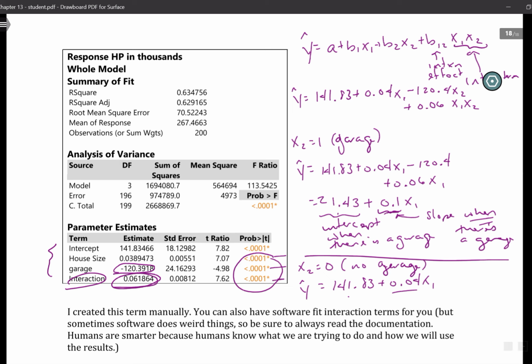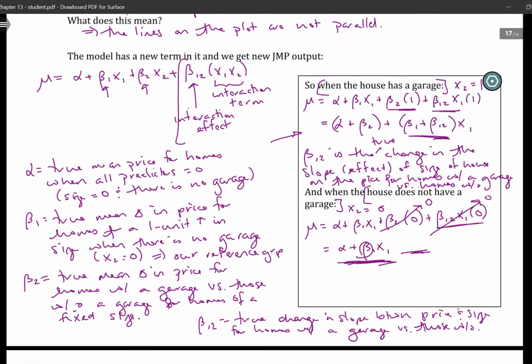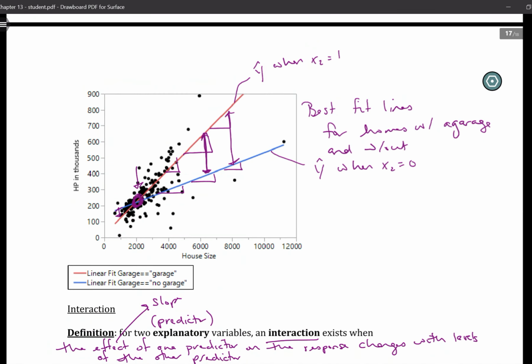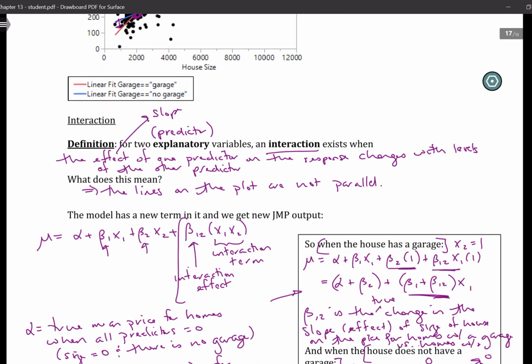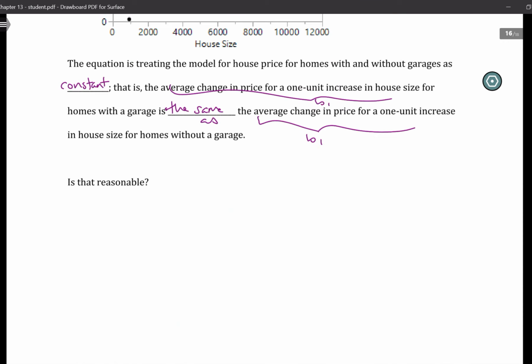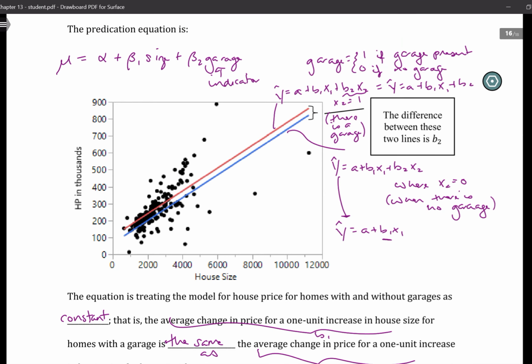And that's how we investigate interaction. We had visual evidence of interaction because our two slopes were very different from parallel. Based on these results, I would prefer to use a prediction equation like this. I do not have evidence that I have parallel lines, and that's what that interaction is telling me.